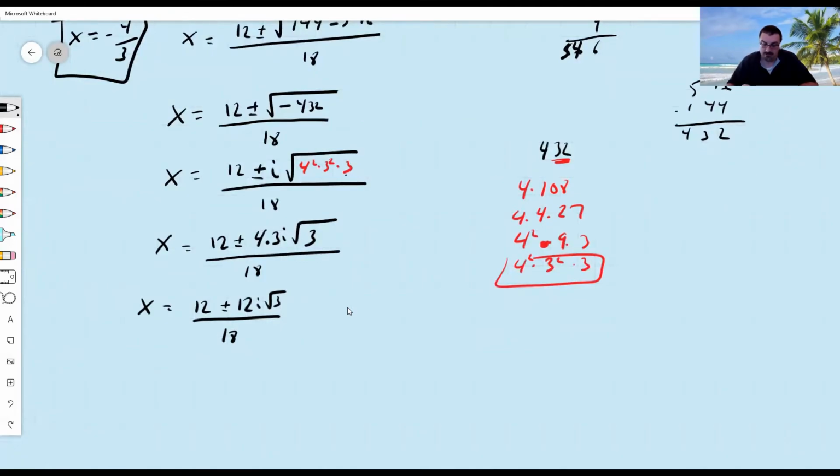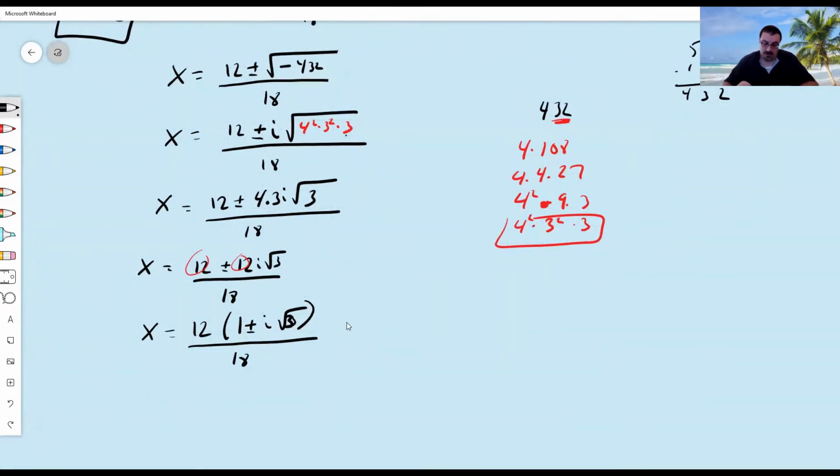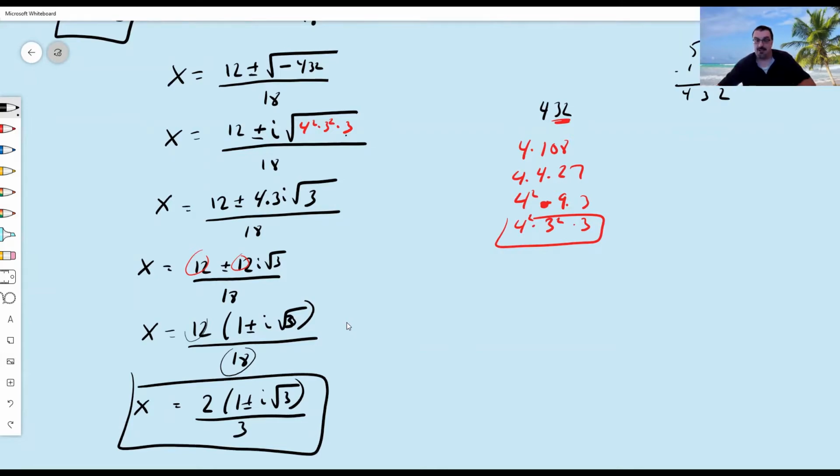There's a 12 here and here, so I can factor that out to the front, leaving me with x equals 12 times 1 plus or minus i square root of 3, over 18. 12 and 18 share 6, so 6 goes into 12 twice, giving 2 times 1 plus or minus i square root 3, and 6 goes into 18 3 times. And there's our simplified answer.